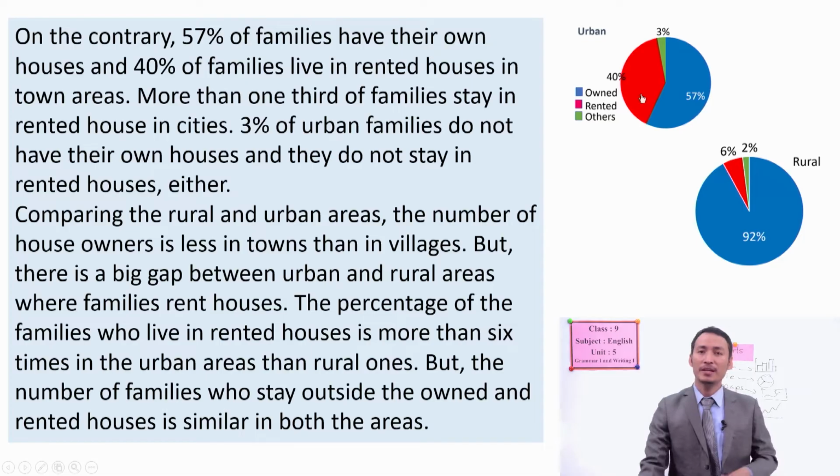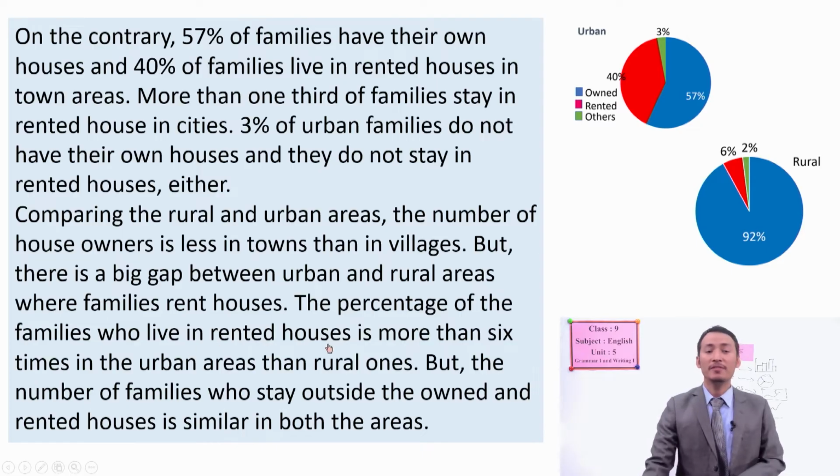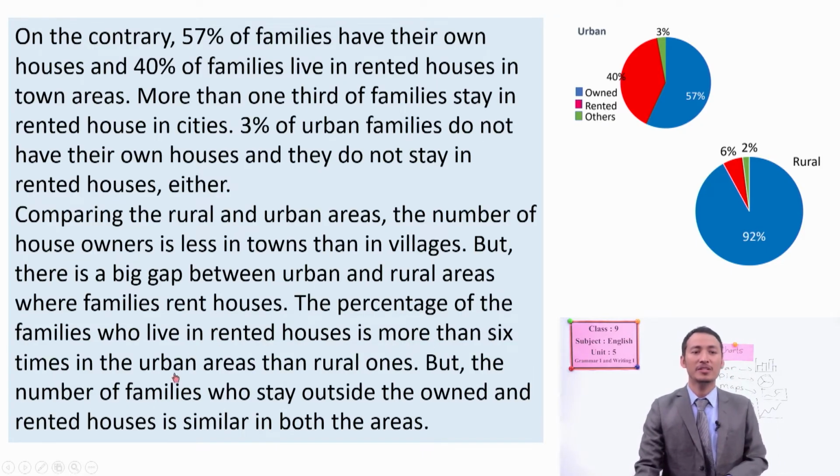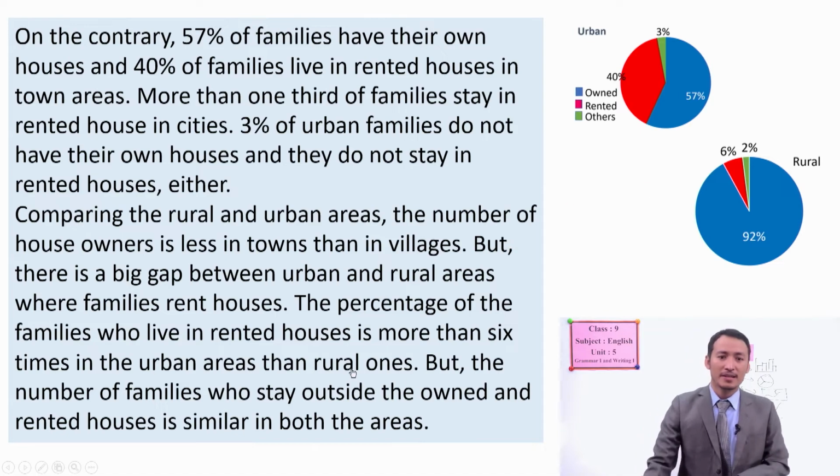The percentage of families who live in rented houses is more than 6 times higher in urban areas than in rural ones. Here is the 40%, here is the 6% in rural areas.